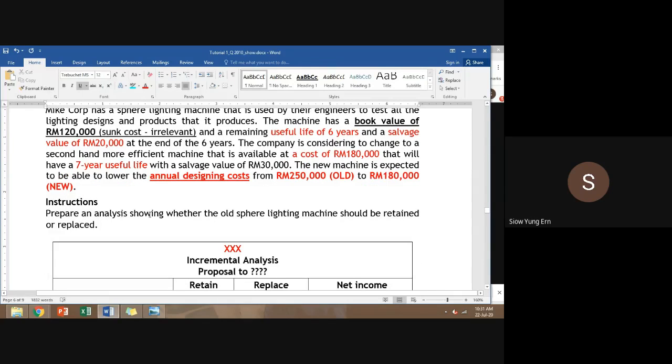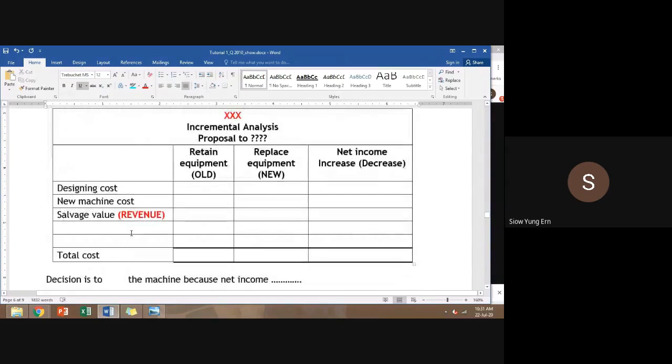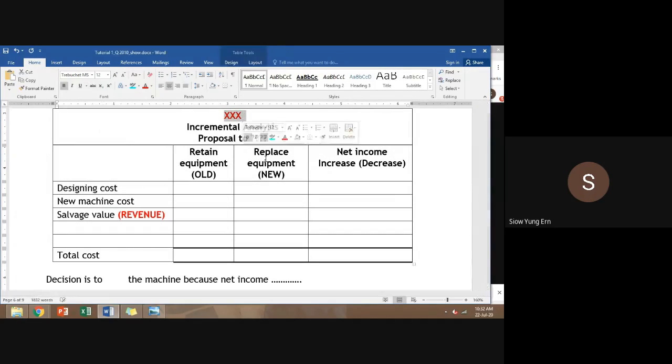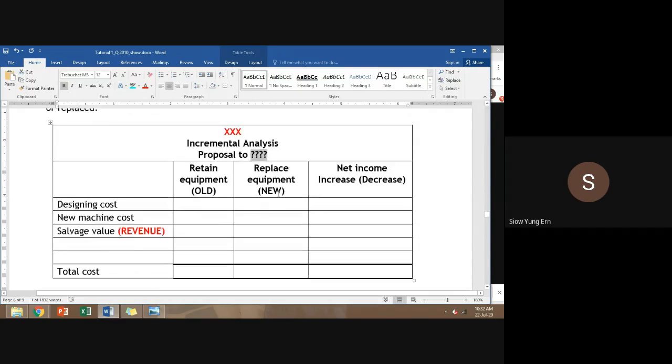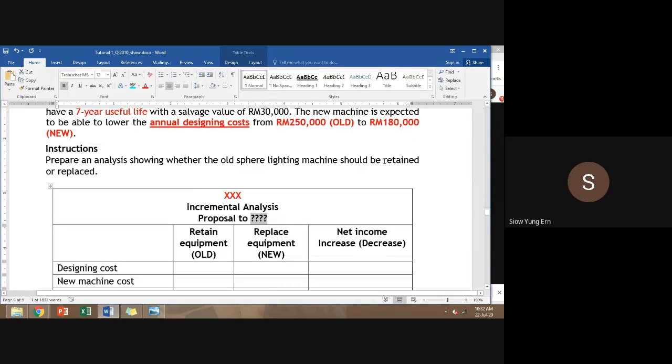So prepare an analysis to show whether the old sphere machine should be retained or replaced. So as usual, class, put in your company's name. So incremental analysis, proposal 2. You can get it from your question.